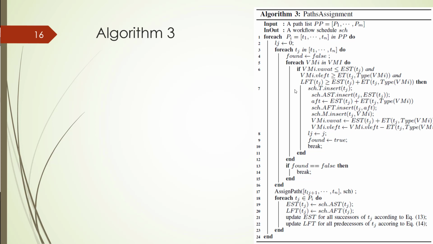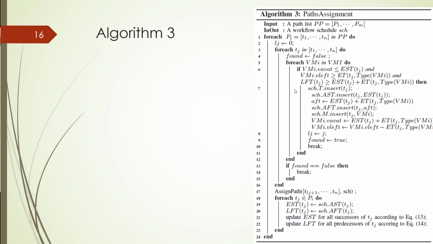And we will use the assign path, and we will pass TLj plus 1 to Tn. It means that for the tasks that are not yet scheduled, we will call the assign path for TLj plus 1 to Tn.